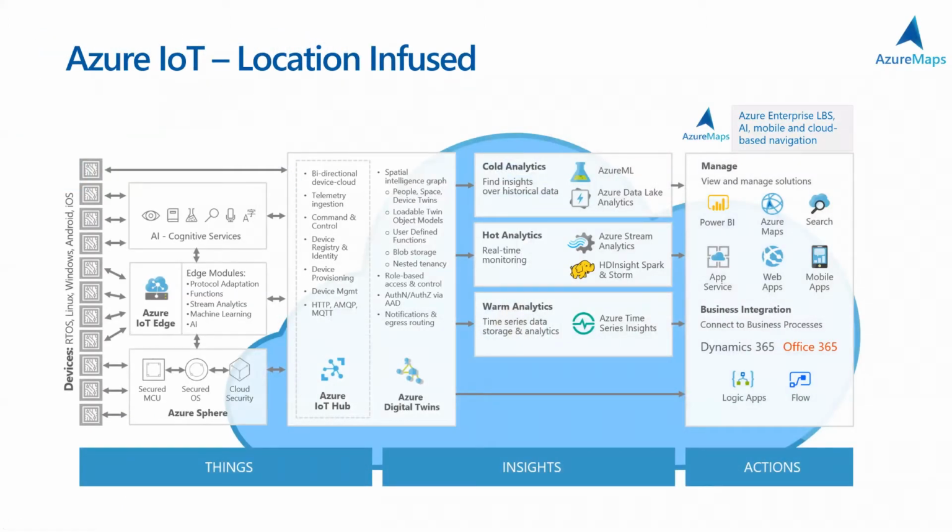And you see here, where does this come into play? You may be looking at this diagram as a user who is familiar with the right-hand side, like, oh, I know Power BI, I use Dynamics or Excel. Those are all systems on the right-hand side that benefit from the work that you can build out of Azure, the Internet of Things, and Azure Maps.